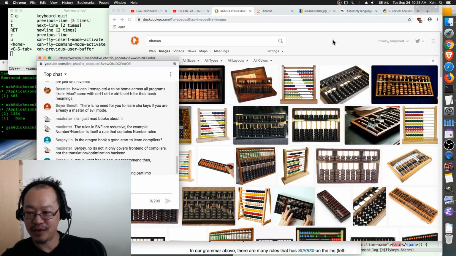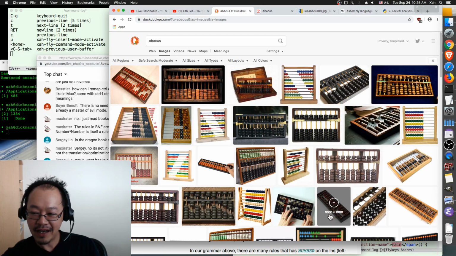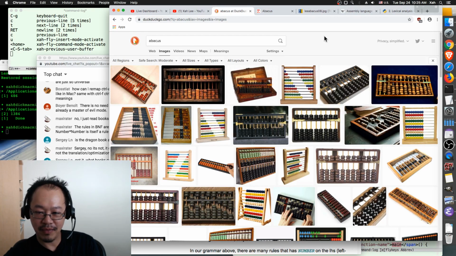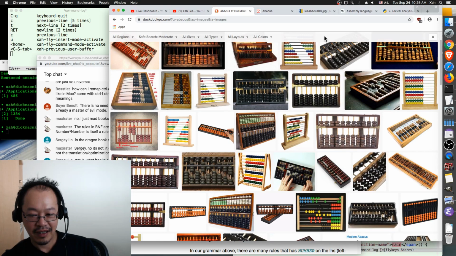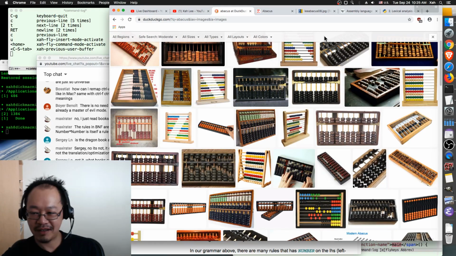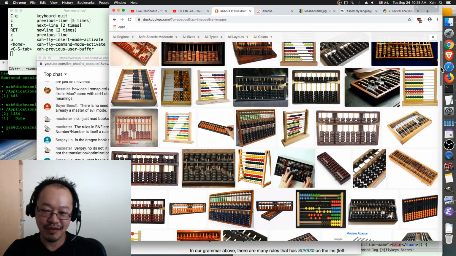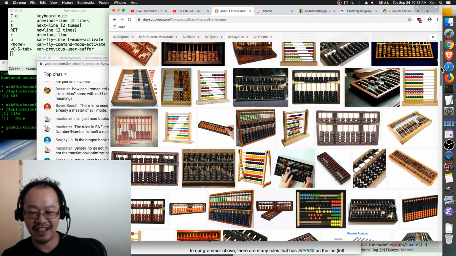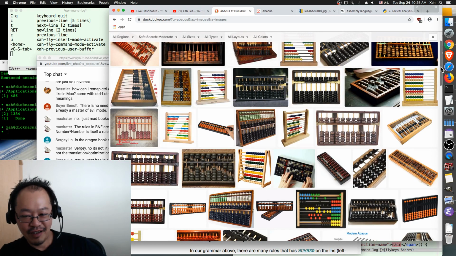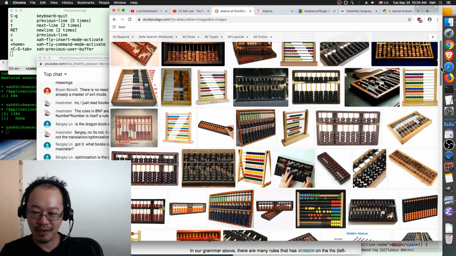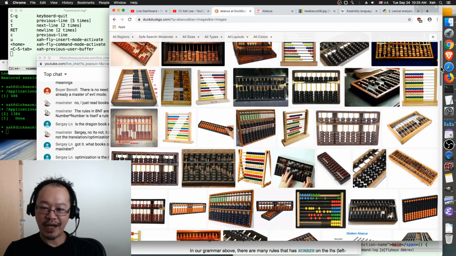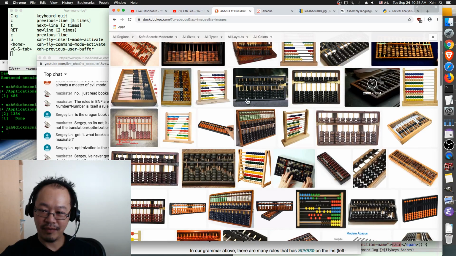Abacus. Oh yeah, these are interesting abacuses. When I think about theoretical computer science, I don't like Turing machines. It's silly. I like to think in terms of abacus. Whenever you encounter some strange ideas in programming languages or compiling, I like to understand by being able to break the whole thing down, all the way down to abacus.